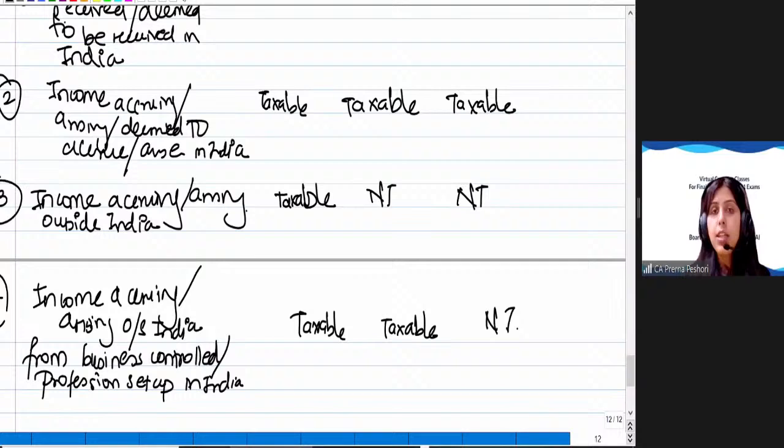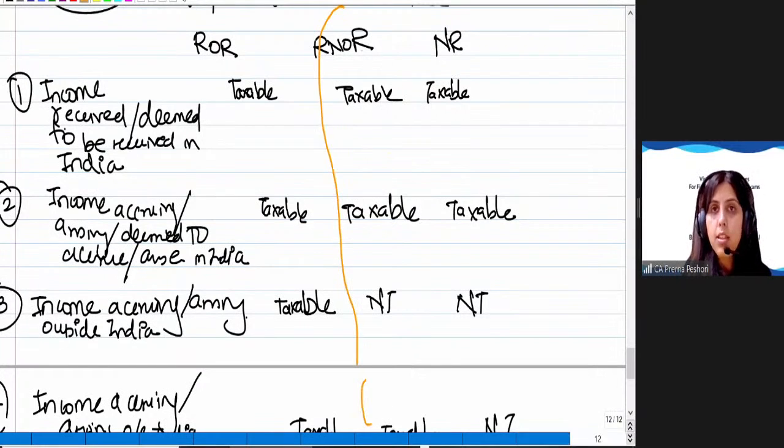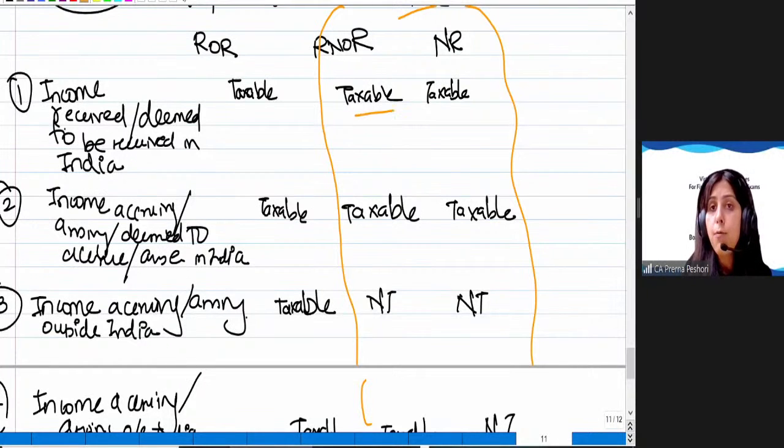Now you will ask me, ma'am, if we compare this RNOR category and NR category, most of the things are the same except one. Income received is taxable for both. Income accrued or deemed to accrue is taxable for both.